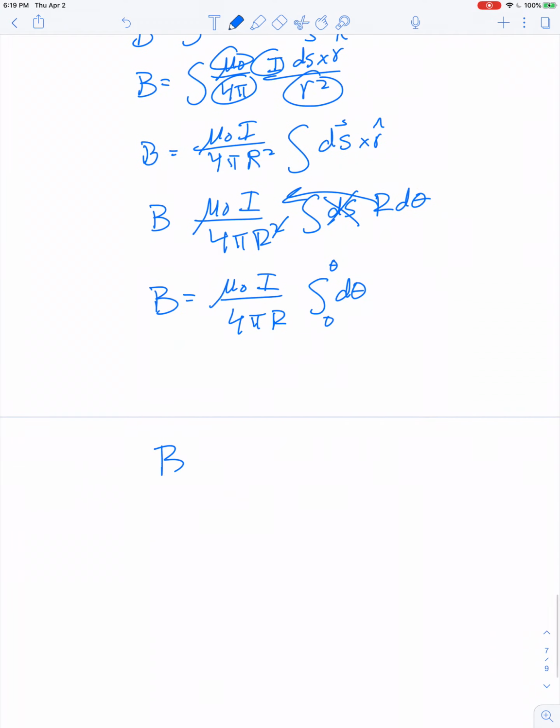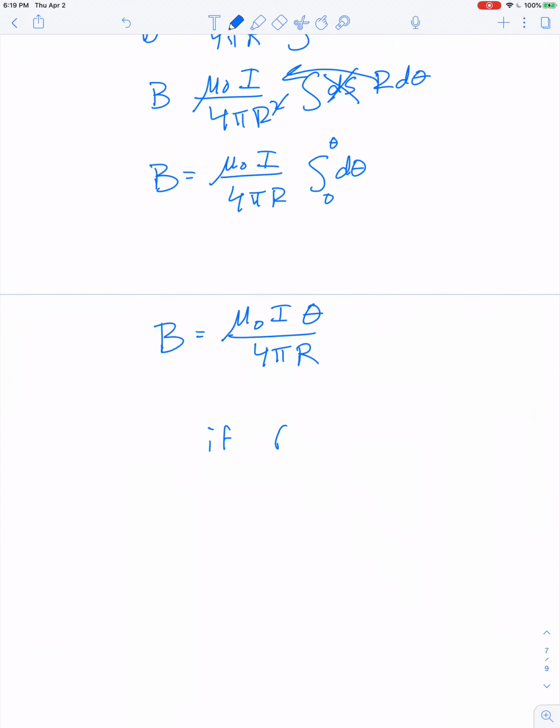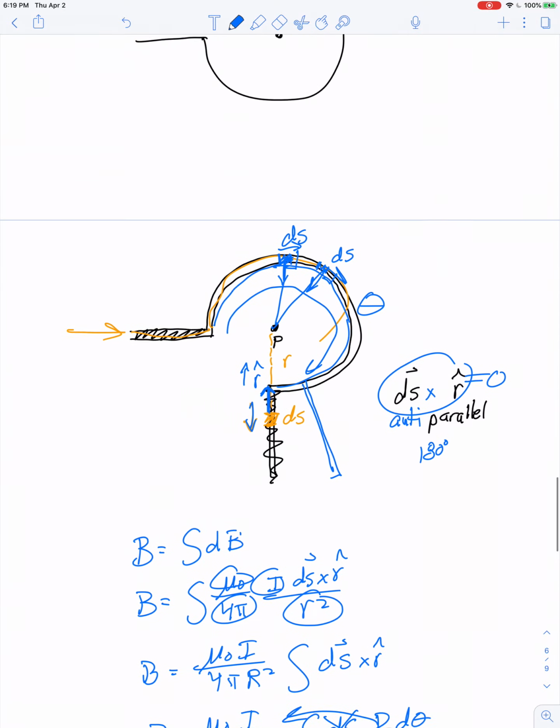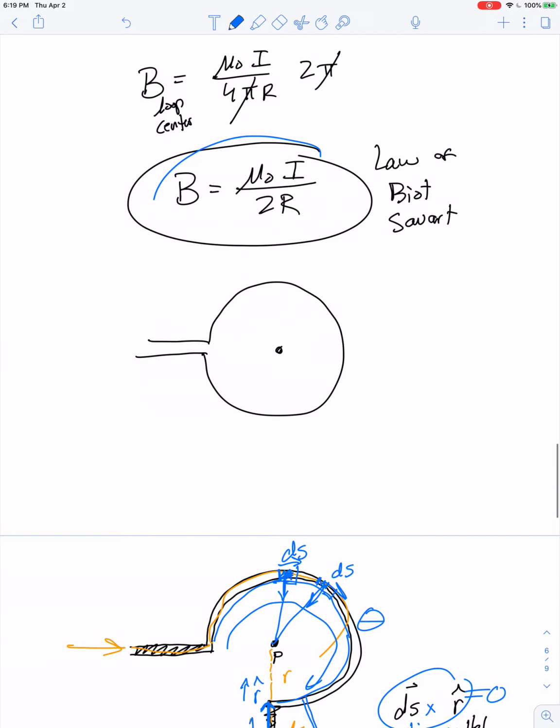And so the magnetic field at the center of any curved loop, whether it's a complete circle or not, is mu naught I theta over 4 pi r. Once again, just to double check, if it happens to be a full loop, that means theta is 2 pi, and so mu naught I times 2 pi over 4 pi r becomes mu naught I over 2r, which is what we got in our first result.